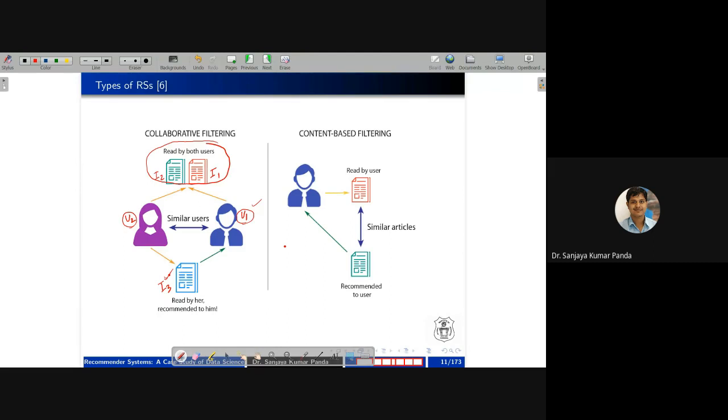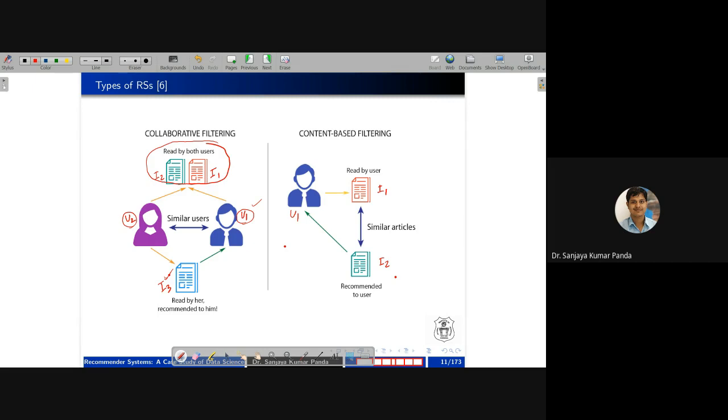Now coming to the content-based system, let us consider this is user U1, this is item I1. User U1 read the book I1. At a later point of time, another book is indexed in, let's say, Flipkart or Google, that is I2.